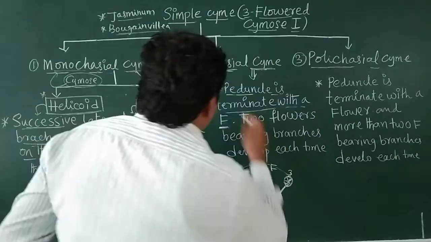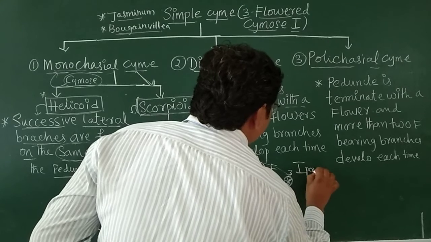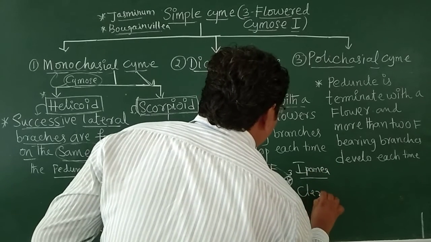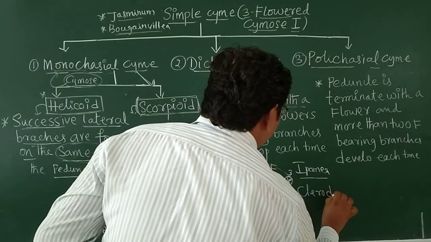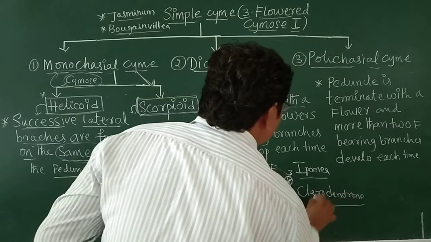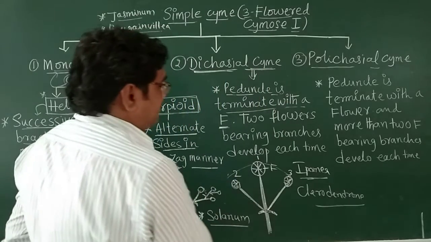So here, dichasial cyme examples: Ipomoea and Clerodendron. These two are examples for the dichasial cyme.